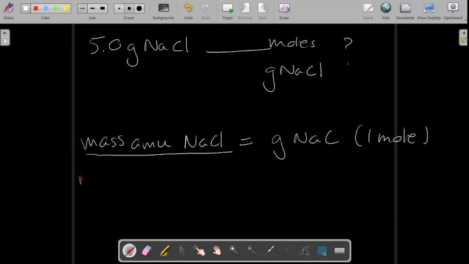Let's do that. The mass for sodium chloride equals, put an equal here. I go to the periodic table, find my sodium, and I see that the sodium has a mass of 23. I have one of them, 23.0 AMUs. And then I add the mass for the chlorine.